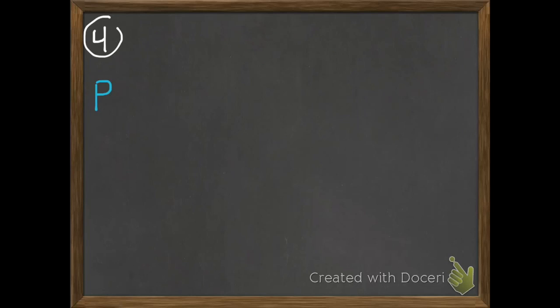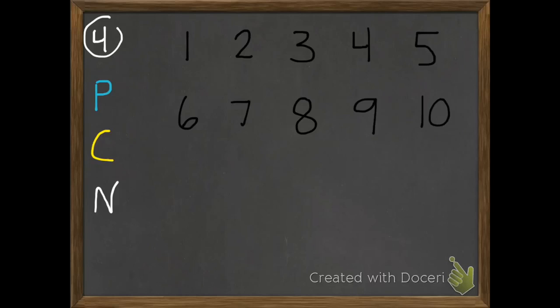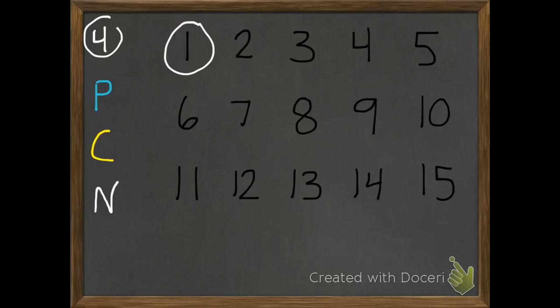Okay, for your last problem, I want to know if all these numbers are prime. I put blue for prime, yellow for composite, and white for neither. I want us to find 1 through 15. Earlier in the video we already did 1, 2, 3, 4, and 5. 1 was neither. 2 was prime. 2 is our only even prime, because after 2, they all will have a factor of 2.